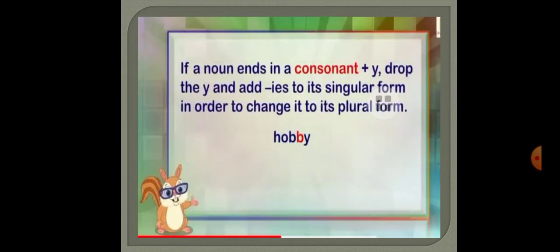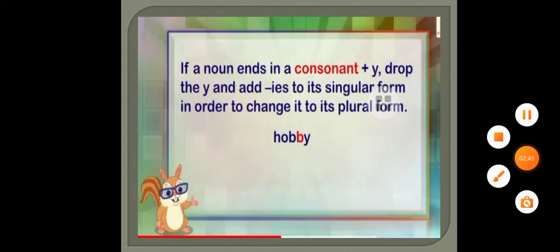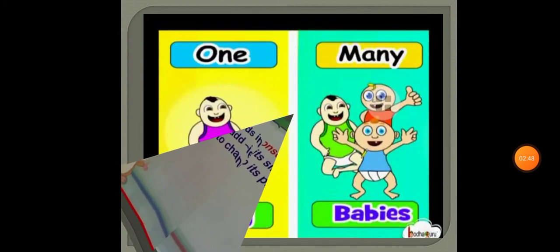And next, if a noun ends in a consonant plus y, drop the y and add ies to its singular form in order to change it to its plural form. What we have to do in this rule, if the noun ends in a consonant plus y, if a consonant comes before y, we have to remove y and add ies, like hobby, hobbies.